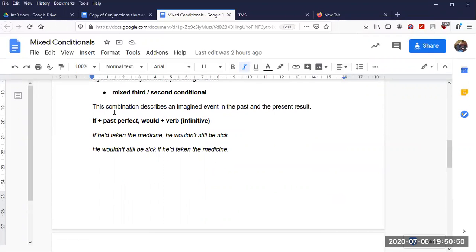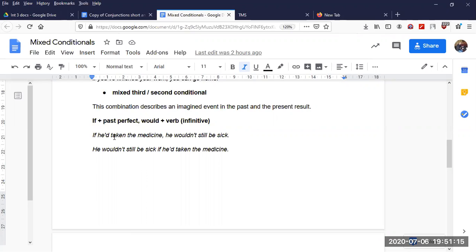So mixed third and second, this combination describes an imagined event in the past and the present result. So if plus the past perfect, would plus the verb in the infinitive. So if he had taken the medicine, he wouldn't still be sick. So he didn't take the medicine, so this is imagined.